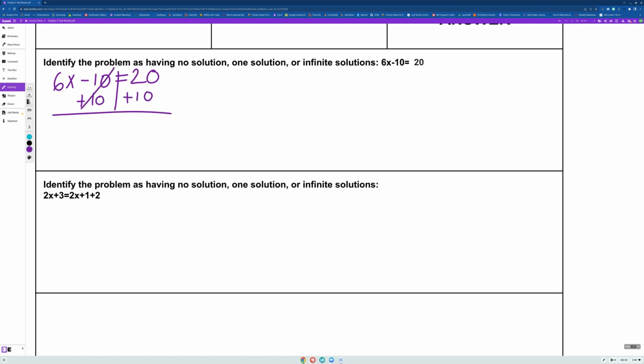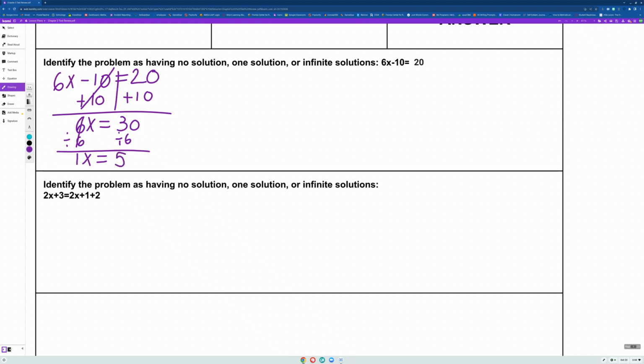When I do that, my 10s cancel, and I get 6x is equal to 30. Next, I need to go ahead and do the opposite of 6x. 6x is multiplying, so I'm going to go ahead and divide 6 on both sides because division is the opposite of multiplication. So once I do that, my 6's cancel, and I get x equals 5.